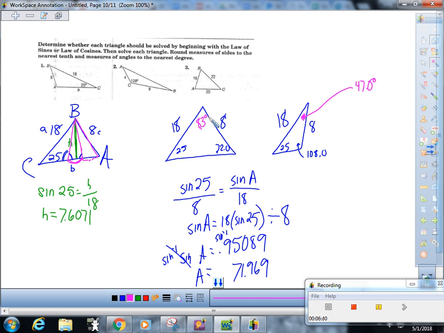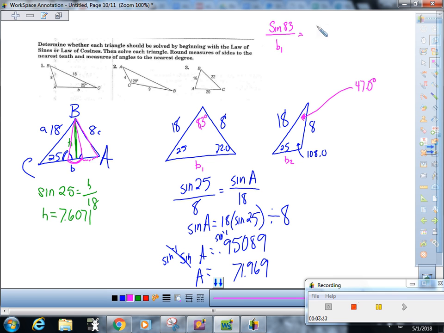Okay, so now we got to find the missing side. We'll call this, let's see, what is it across from? This is B1, and this is B2. So you just do sine of 83 is to B1.